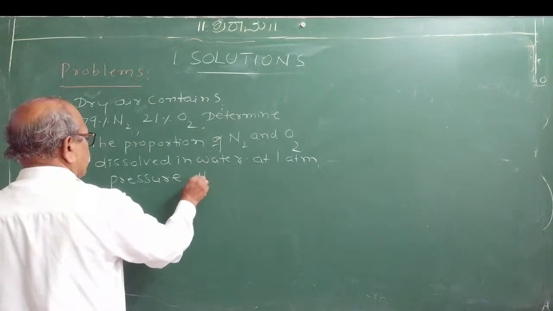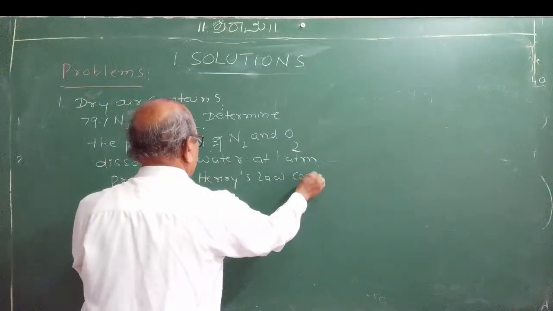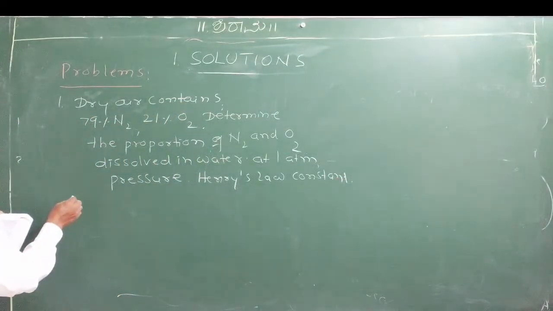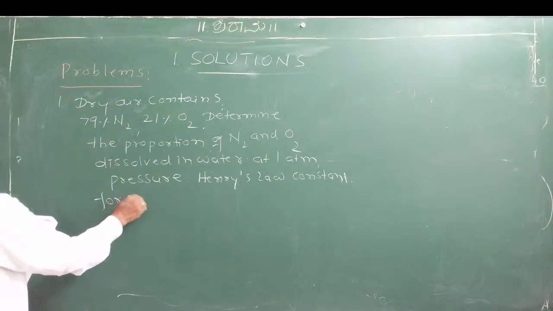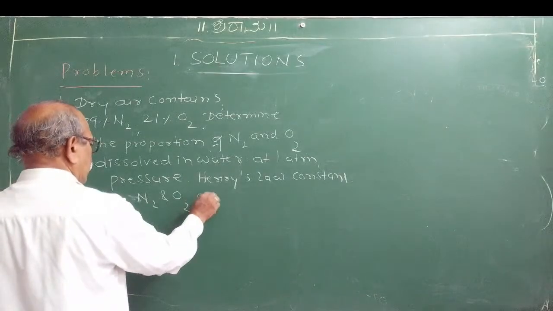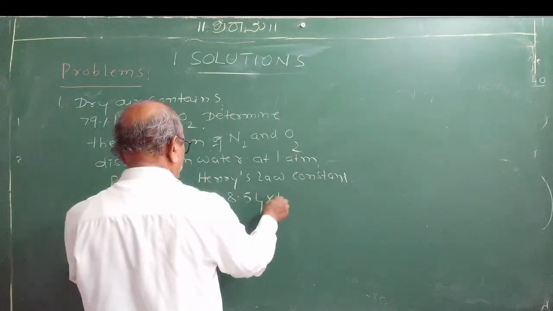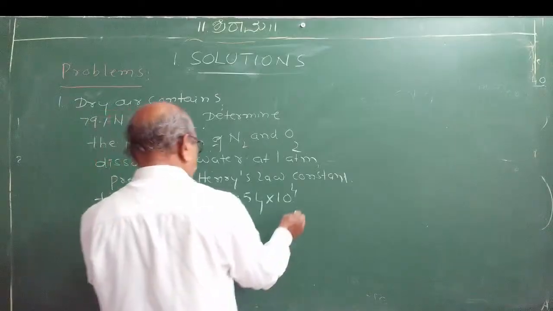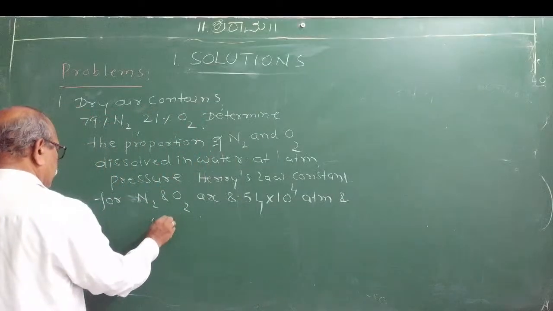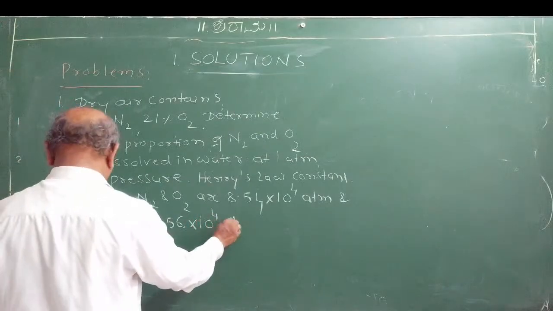Henry's law constants for nitrogen and oxygen are 8.54 into 10 raised to 4 atmosphere and 4.56 into 10 raised to 4 atmosphere respectively.